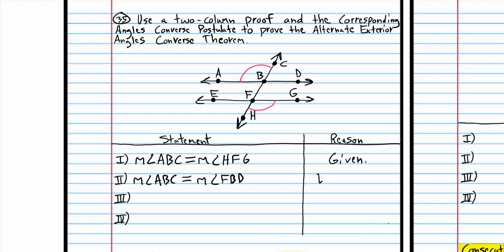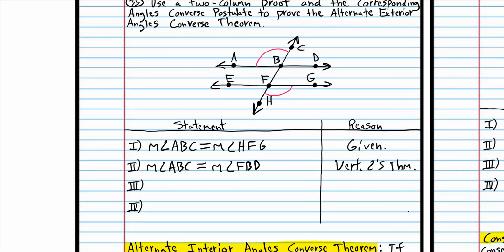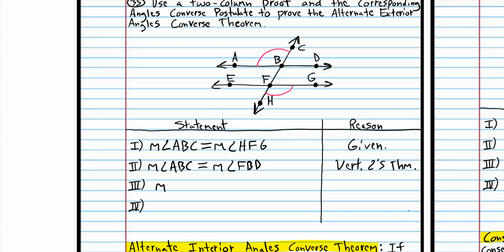That's just the vertical angles theorem. So obviously, if ABC is HFG and ABC is also FBD, you can see where I'm going with this. The measure of angle HFG must be equal to the measure of angle FBD.